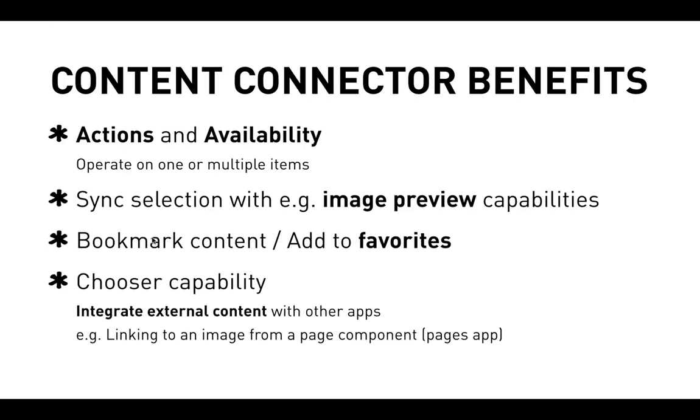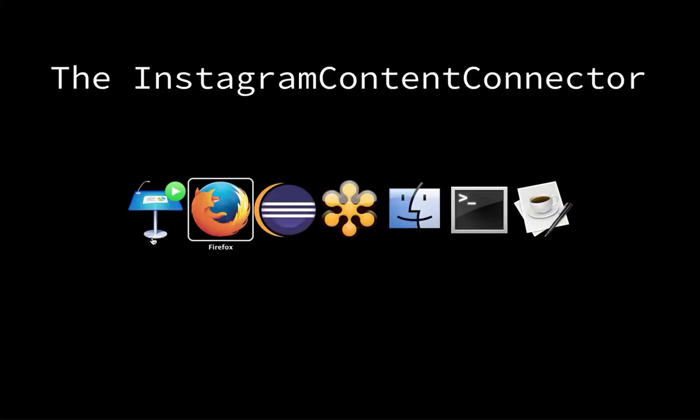And you get chooser capabilities, so you can open a choose dialog and integrate your external content with other apps. For example, you could have a choose dialog to pick an image and use it in a component. And then you can render this image in a template on the website. Let's take a brief look at the Instagram content connector.